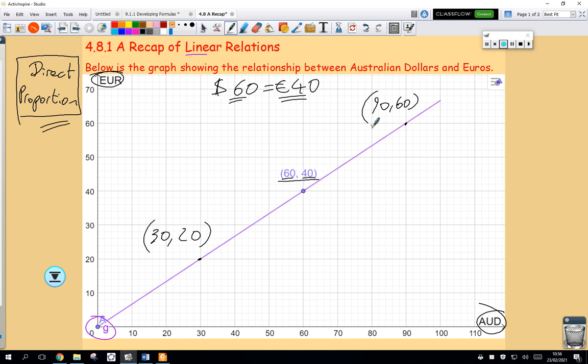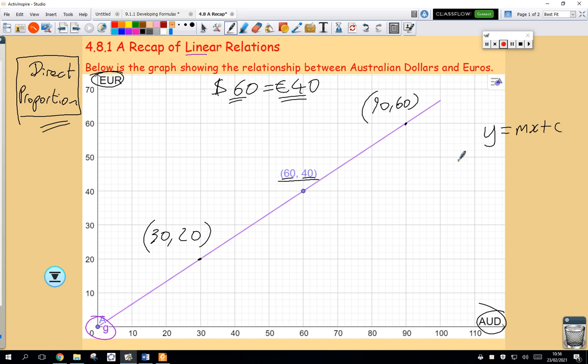The other thing I want to do is come up with an equation to establish what's going on here. So it's a linear graph. We can write it in the form y equals mx plus c, slope-intercept form of the equation of a line. Note here that the y-intercept is 0, so that's my c.